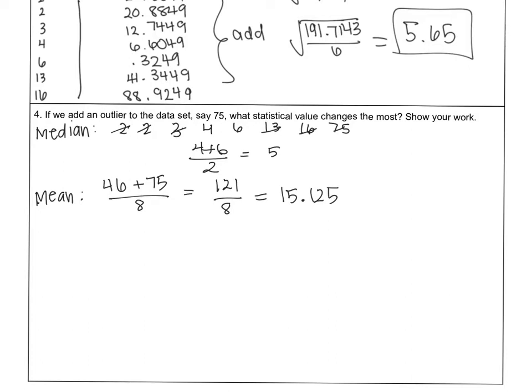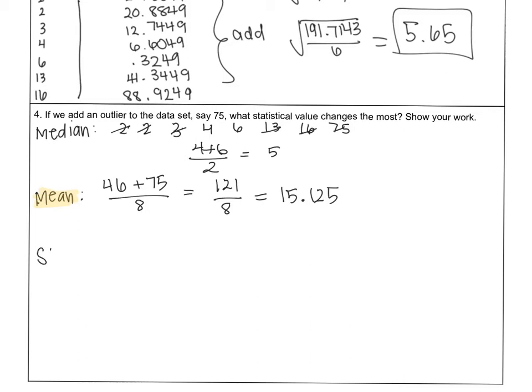So if we're comparing, our means went from 6.57 to 15.125, which is more than double the original mean we had. So I would definitely say that mean is heavily impacted by outliers.